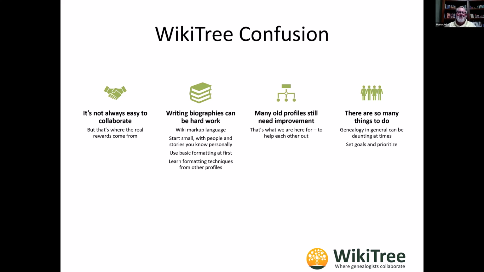There's a group of people trying to at least get some sources on things, but there are 34 million profiles. The other challenge I have with WikiTree is that there are just so darn many things doing genealogy. Not only can WikiTree be daunting, but it can be one of your 25 or 30 different tools or projects at any point in time if you're into genealogy.